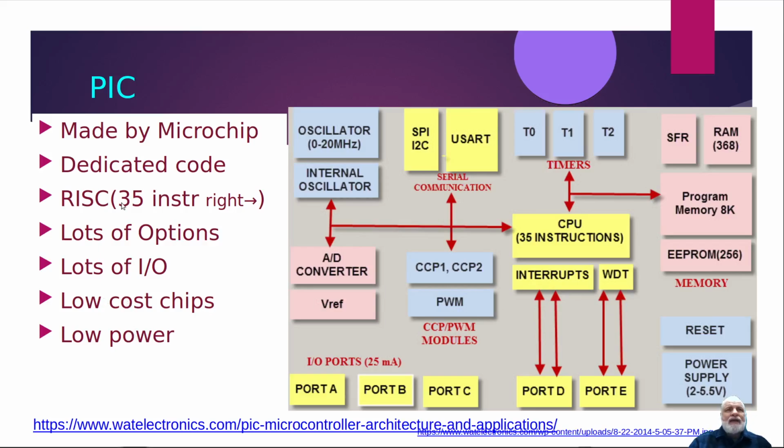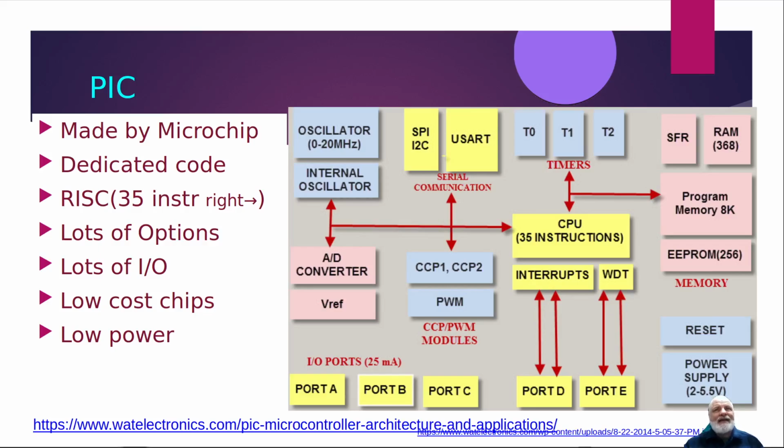This block diagram we're looking at here is for a PIC, which is a programmable integrated circuit. That's what PIC stands for. This one in particular is made by a company called Microchip, and they make dozens, even 100 or more different types of chips with different types and amounts of I/O.